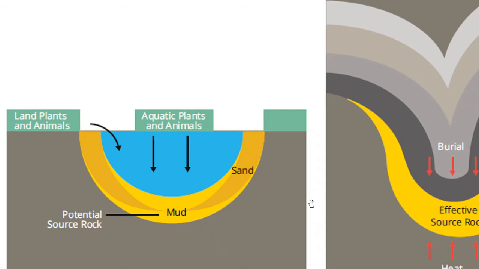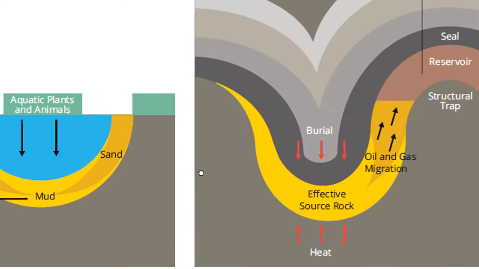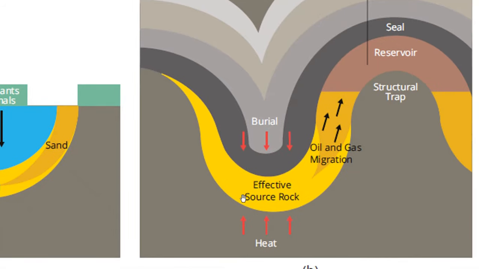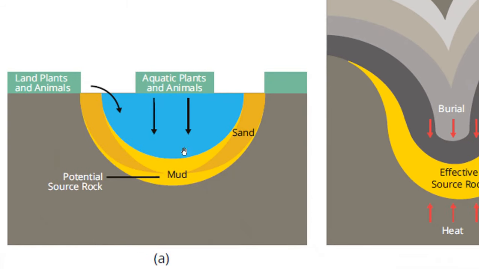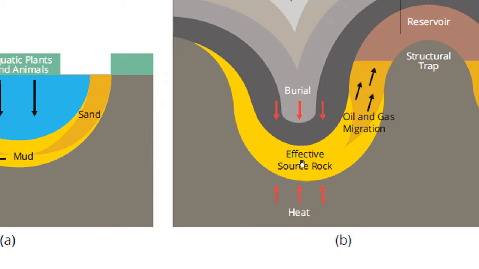It will be a potential source rock which will cook the organic deposit, the organic accumulation, and change the organic deposit to be oil and gas. Okay, so after a very long period of time, this mud and sand becomes source rock, and it will be a kitchen.